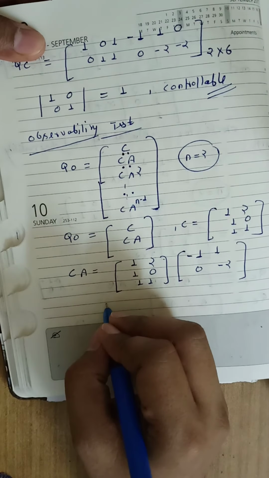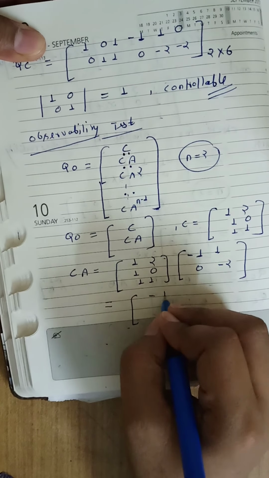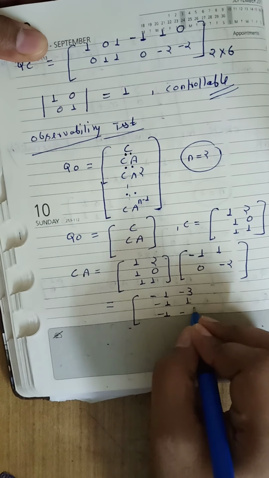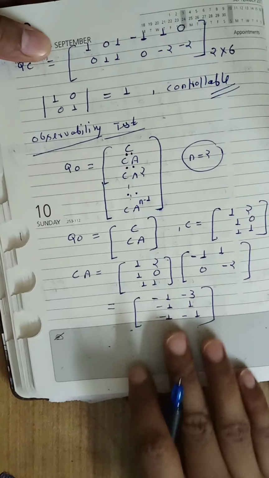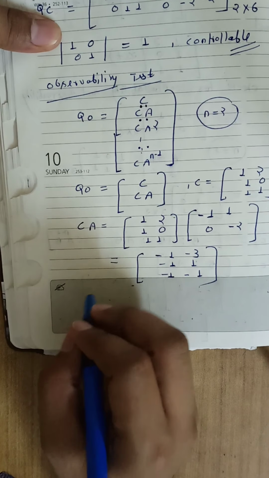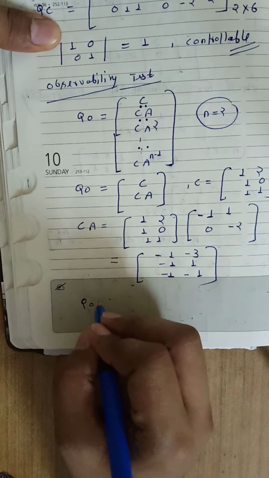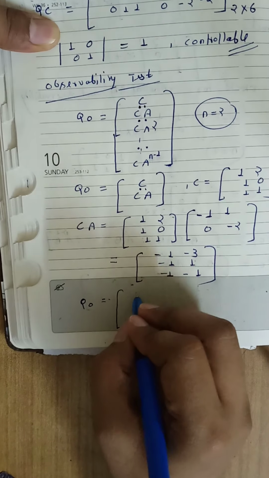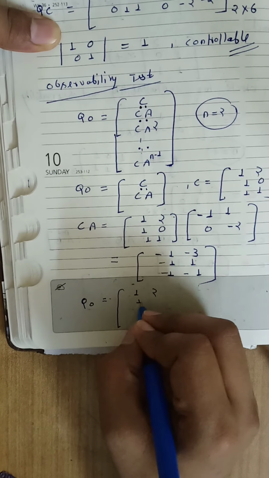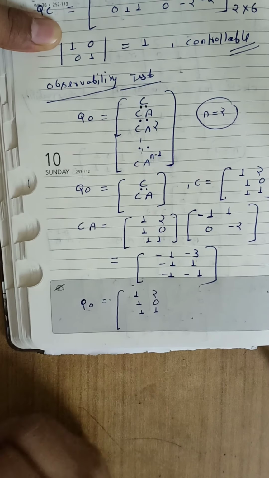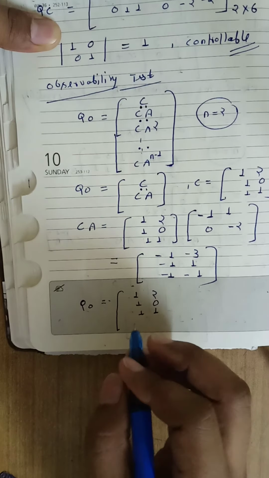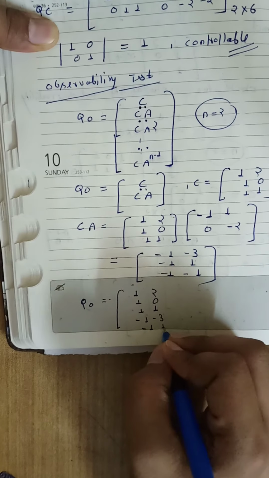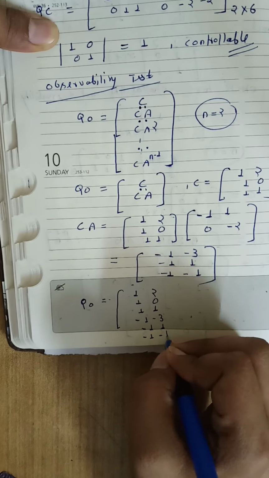So after matrix multiplication we have the answer [-1, -3; -1, 1; -1, -1]. Now let us write the observability test matrix according to C and CA. So we have C, it is [1, 2; 1, 0; 1, 1], and CA we know it is [-1, -3; -1, 1; -1, -1].